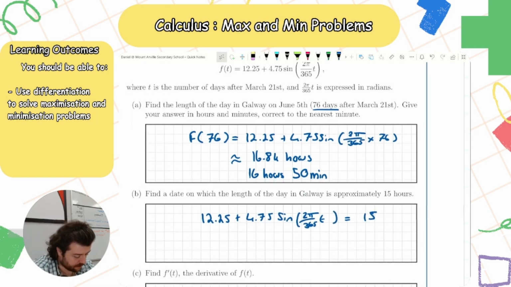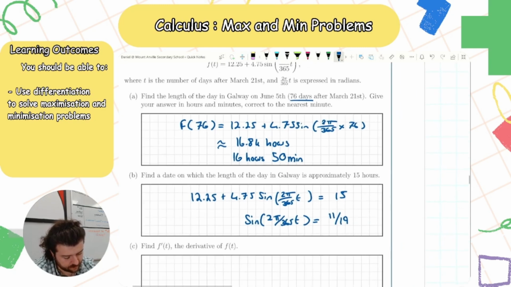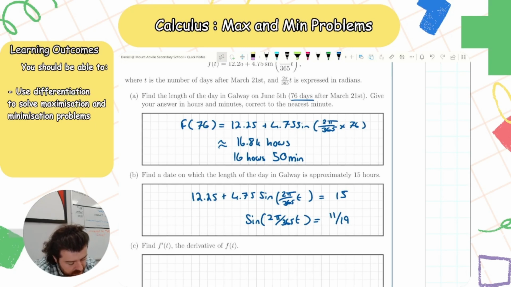So 15 minus 12.25, divided by 4.75, is going to give me sine of 2 pi over 365 t equals 11 over 19. So sine inverse of this.